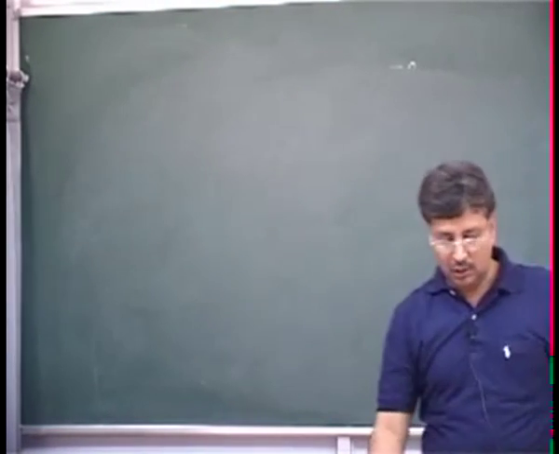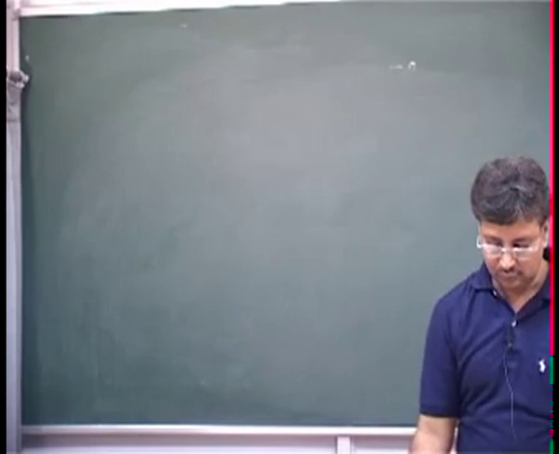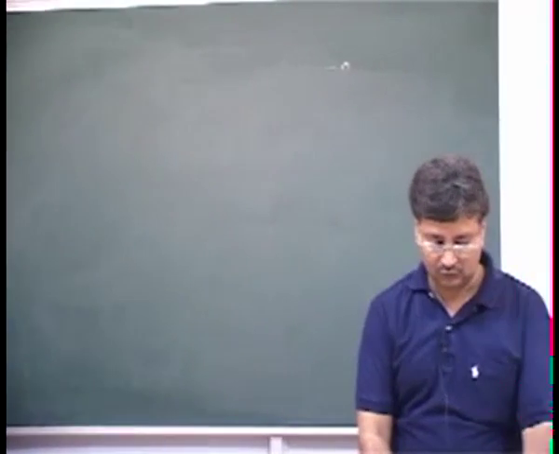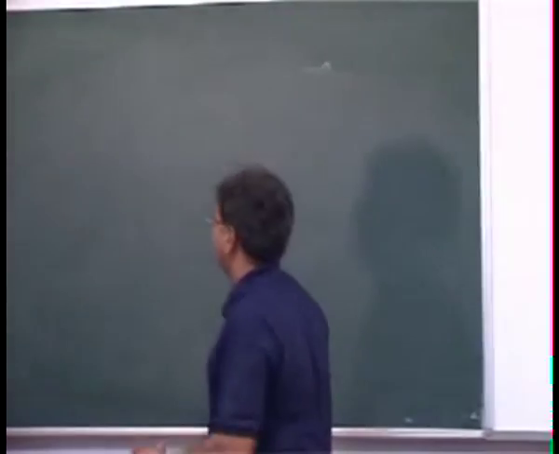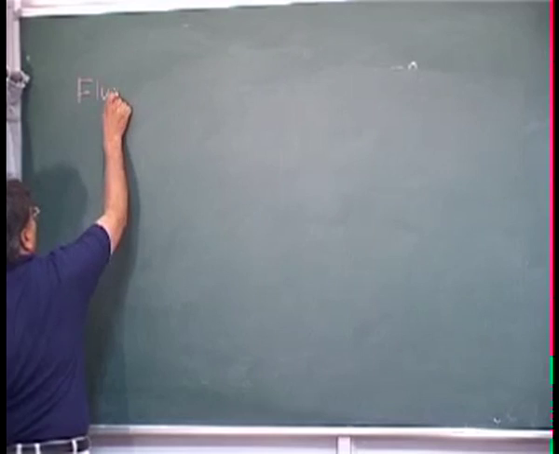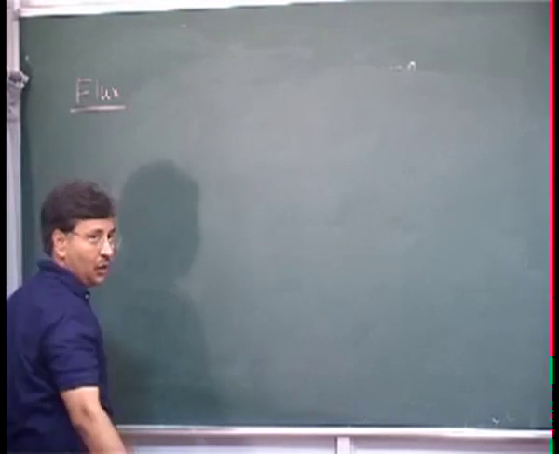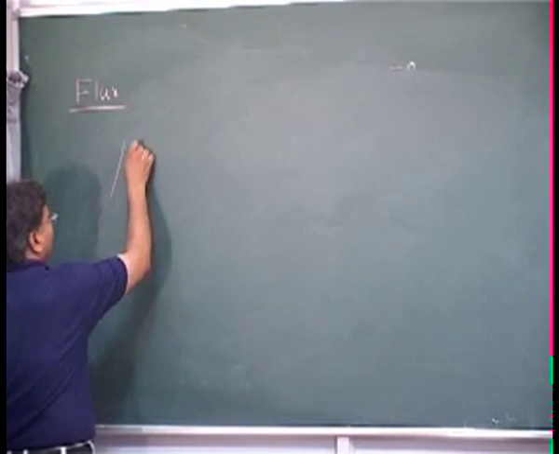Okay, let's slightly go into some specific thing now. I want to talk to you about flux, pollutant flux, because we are going to use this a lot. So how do we define the flux?